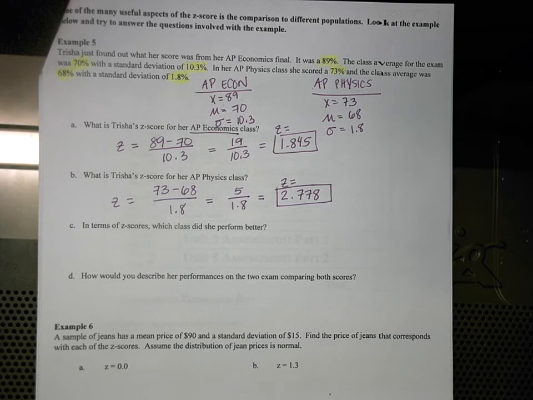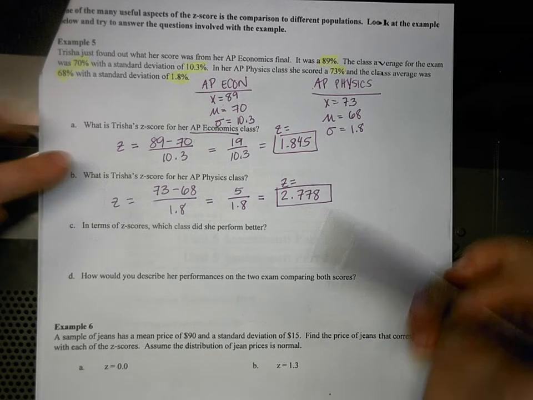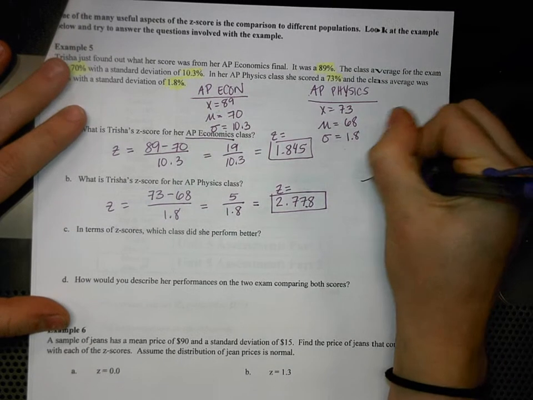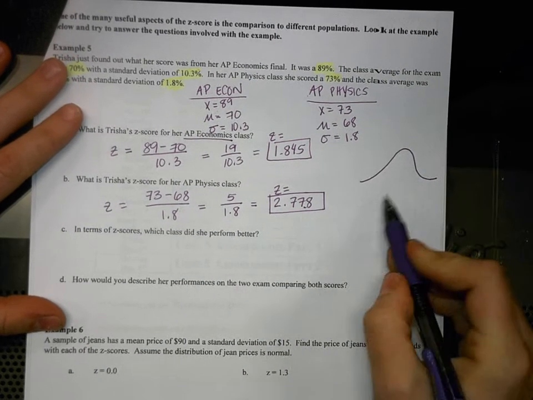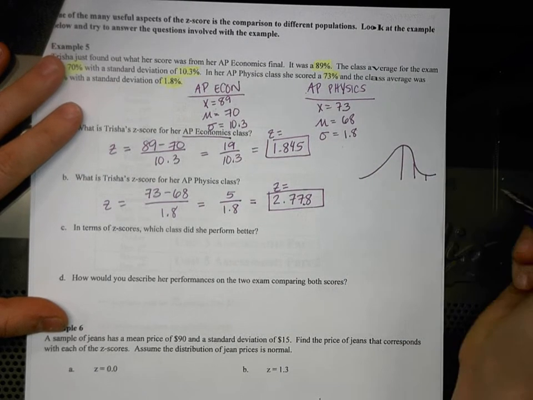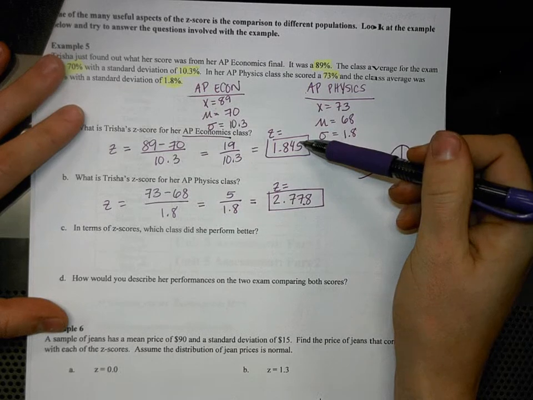In terms of z-scores, in which class did she perform better? Because her z-score is higher in Physics, that means on a normal distribution she's more than 2 z-scores to the right. And in Econ, she was almost 2 z-scores to the right.